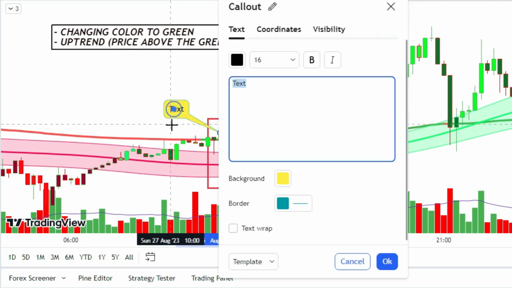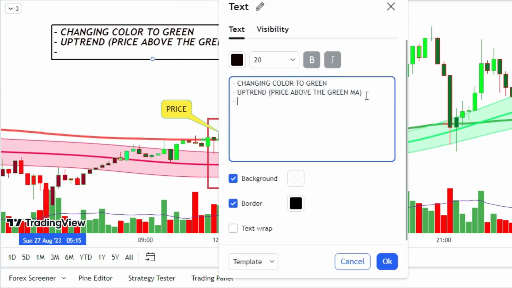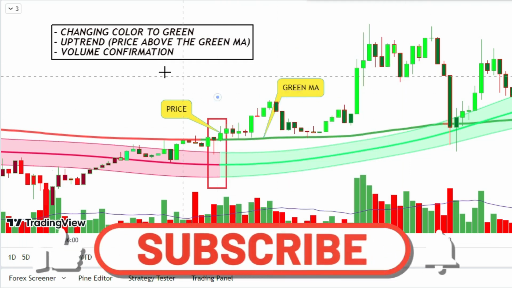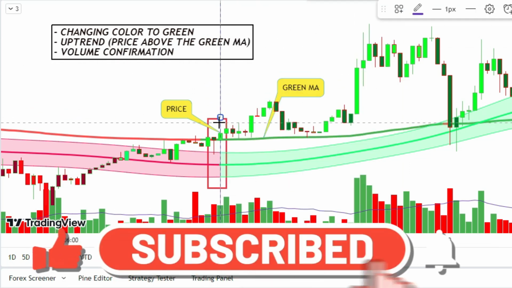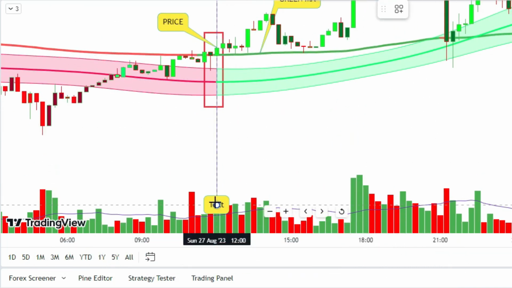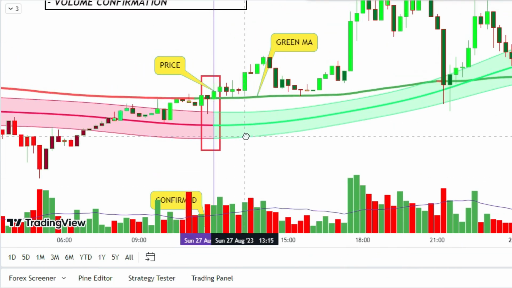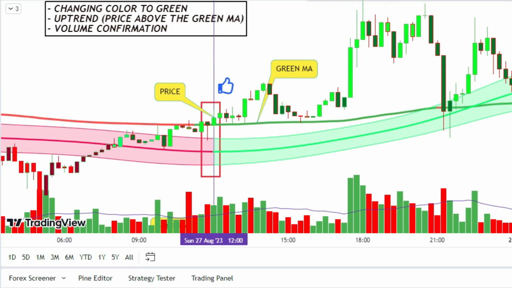And lastly, the volume indicator must agree. Now, if all these things line up, then we can go long.